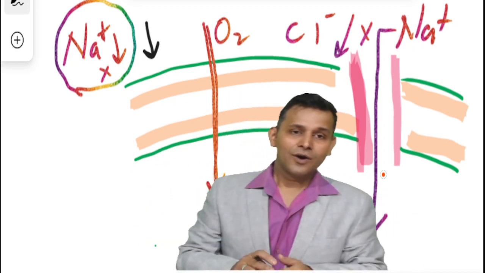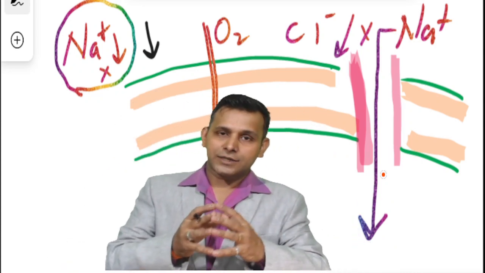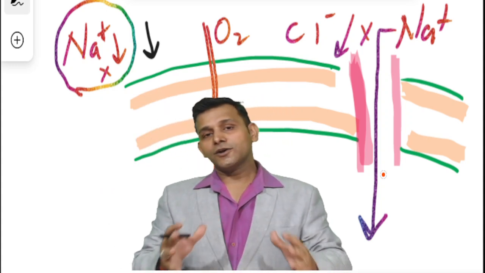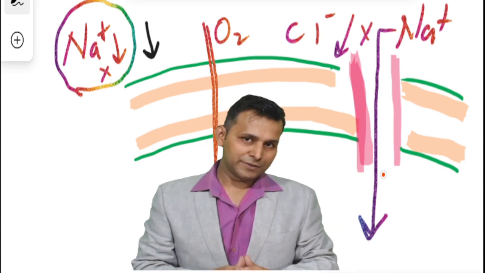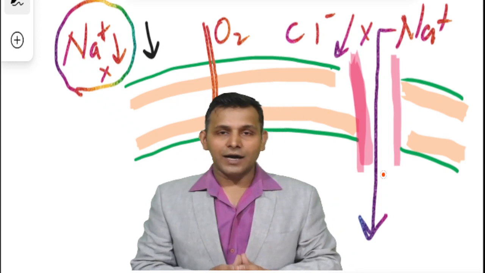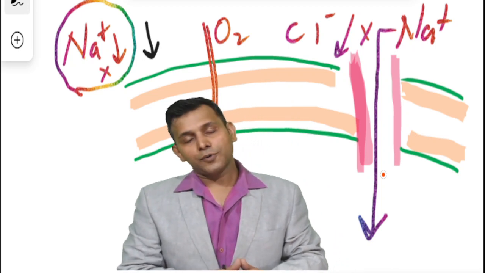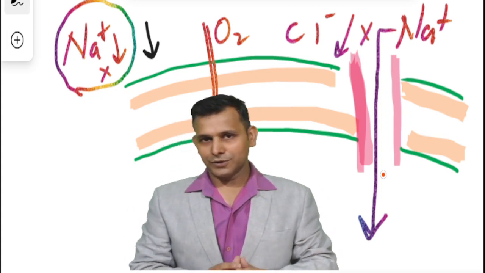So to summarize what we have discussed so far, we have transport across the membrane, which is the movement of molecules and ions across the membrane. These molecules and ions are governed by the properties of the membrane as well as the properties of those ions and molecules.